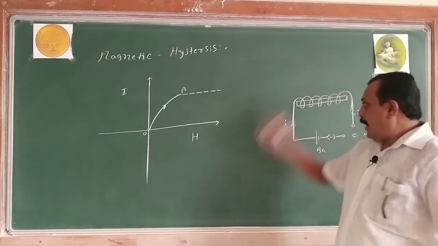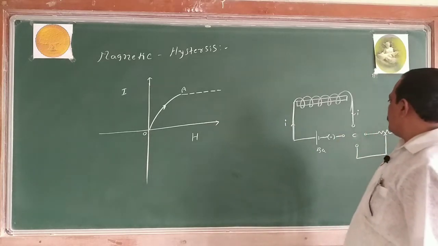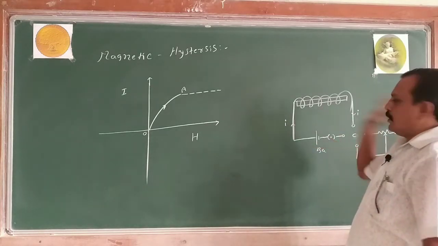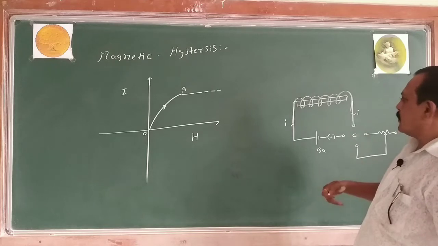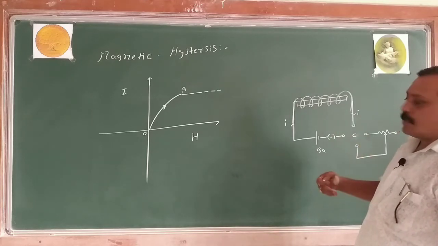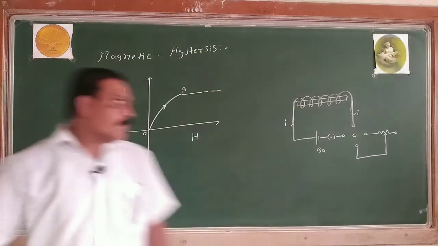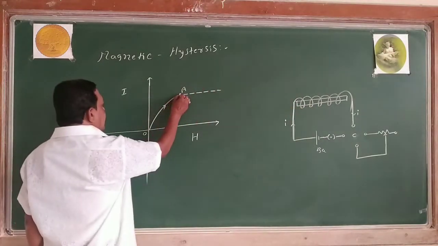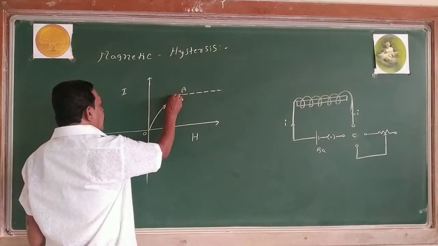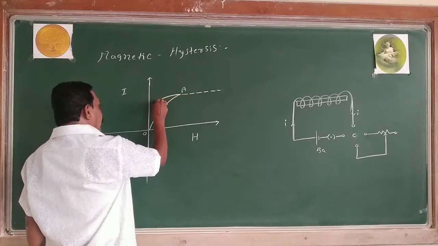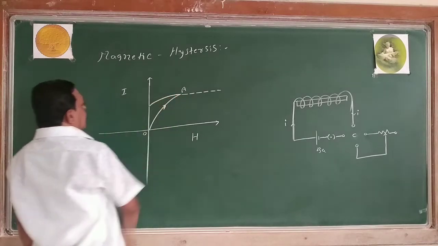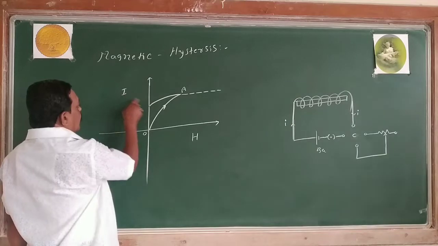As H decreases, meaning the current decreases, the H also decreases, and I also decreases. At a particular value of H, the I does not become zero.